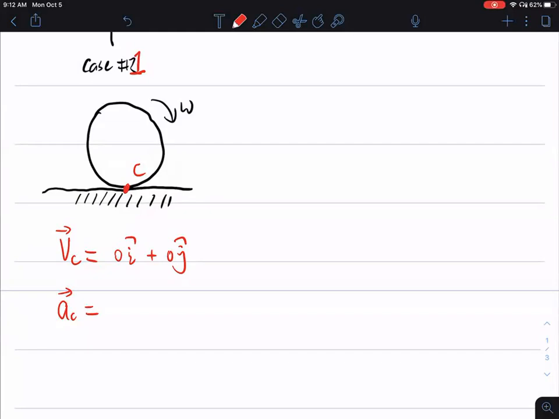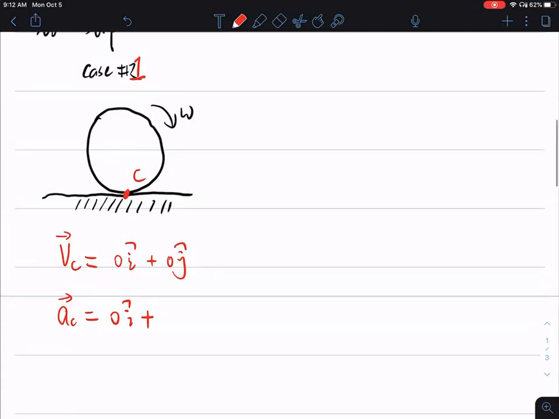Even though we have zero velocity at point C, that doesn't mean we have zero acceleration at point C. They're totally two different things. So the acceleration at this particular point under case one, rolling without slipping, AC has zero I component, so zero acceleration only in the I direction. In the J direction, we have omega squared R as J. So that's our case number one.